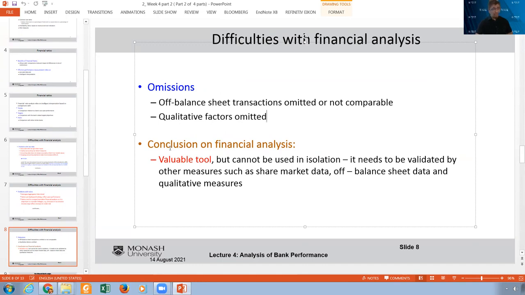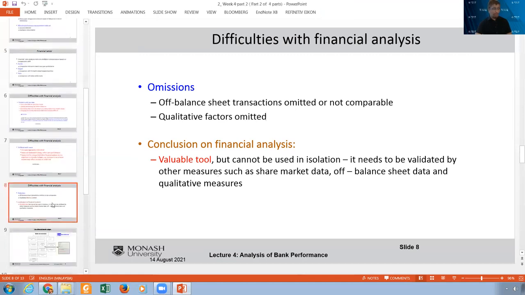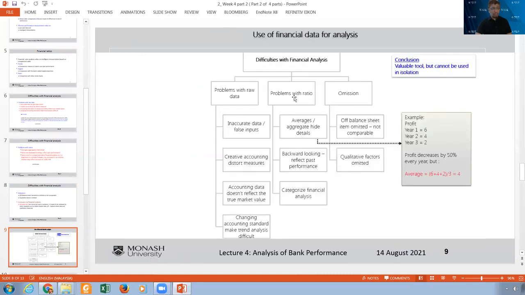The reputation of the bank, the quality of the products, the morale of the staff, the corporate governance, so many things are not reflected in financial ratios. So the conclusion is the financial ratios are a good tool, but not enough. So we have to look at so many things before we come to a conclusion about the performance of the bank.